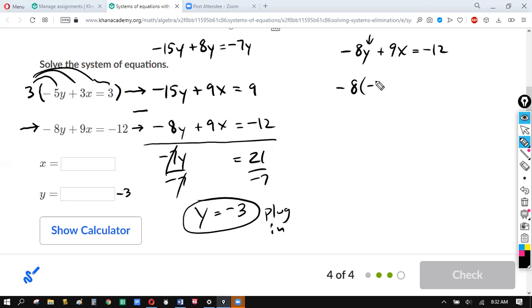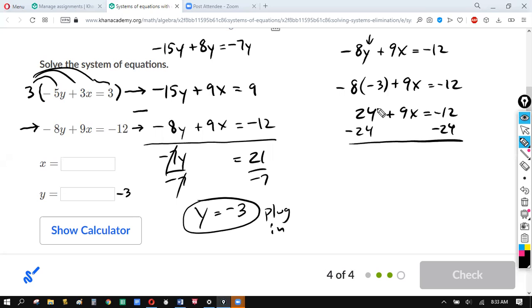So negative 8 times negative 3 plus 9x equals negative 12. Two negatives make it positive. And subtracting 24 on both sides, the 24s cancel, and we have a negative 36.